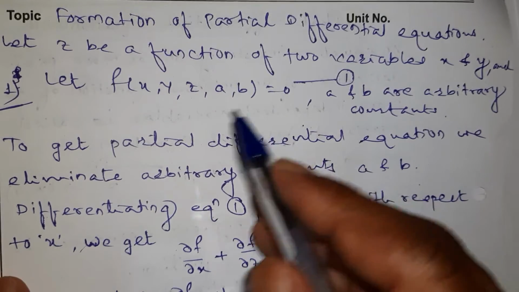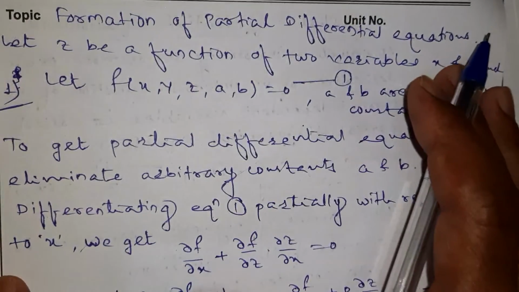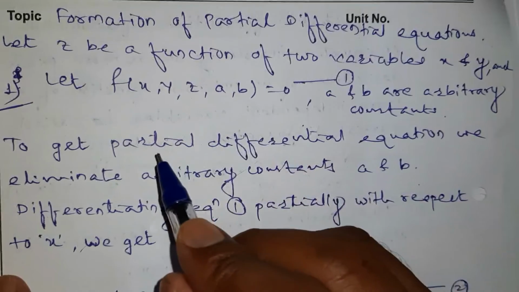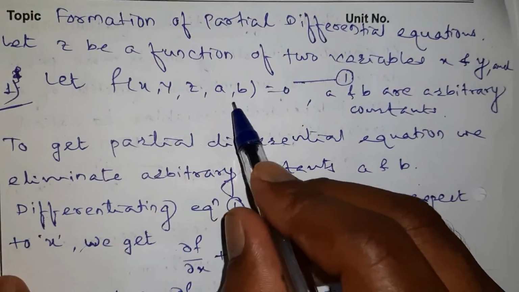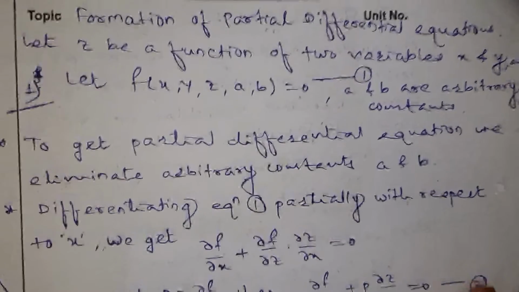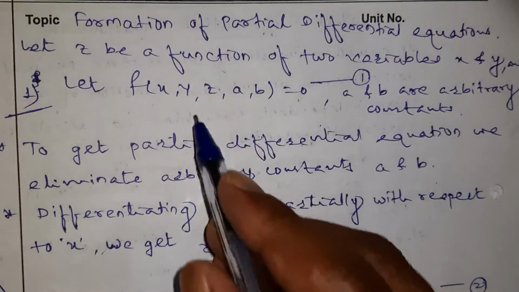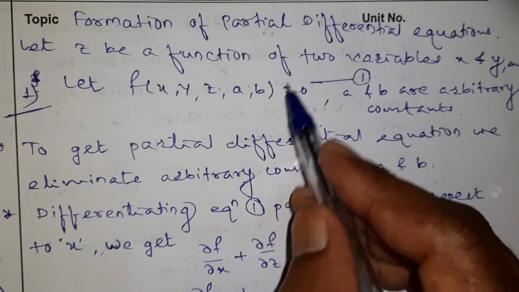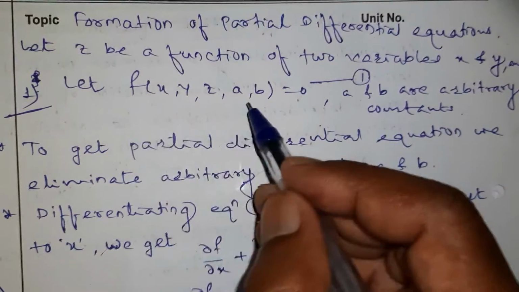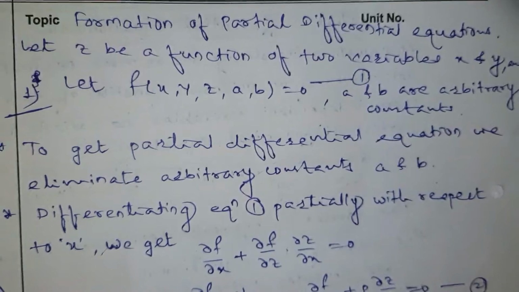I have here f of x, y, z, a, b equal to 0, where a and b are arbitrary constants. Now our job is to eliminate these two arbitrary constants. We have to eliminate a and b to get a partial differential equation. How are we going to eliminate them? By differentiating that function partially with respect to x and partially with respect to y.